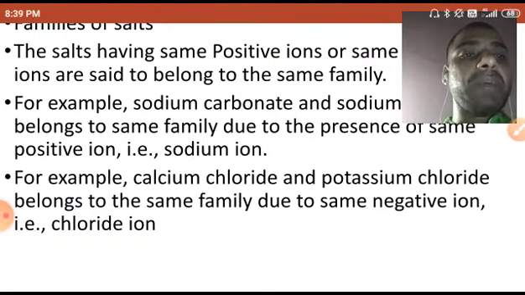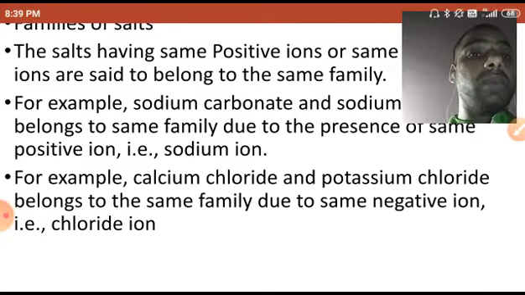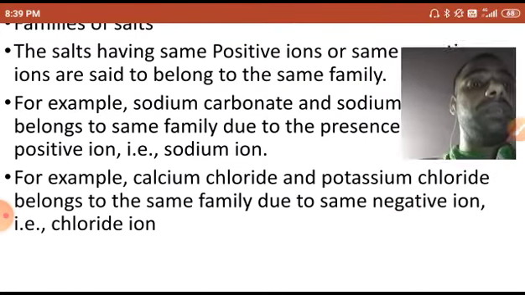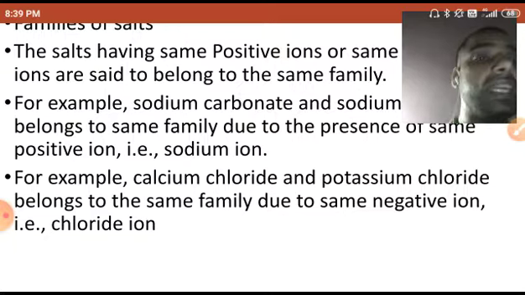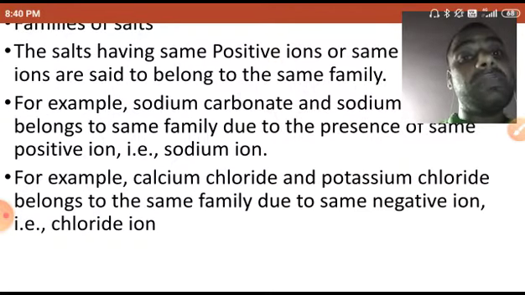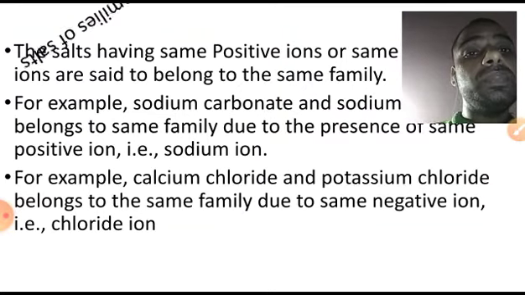In the example of sodium carbonate and sodium sulfate, sodium is common, that is the cation, Na positive, in both, hence we can say it belongs to the sodium family. And chloride is the negative part in both calcium chloride and potassium chloride, hence it belongs to the chloride family. Okay dear students, I hope you have understood.